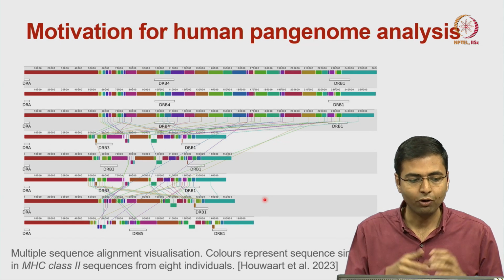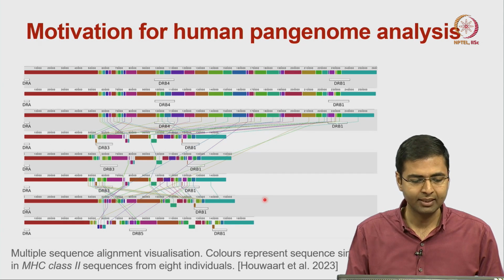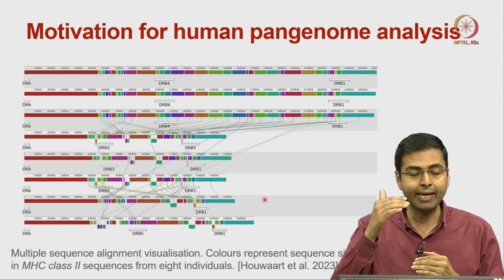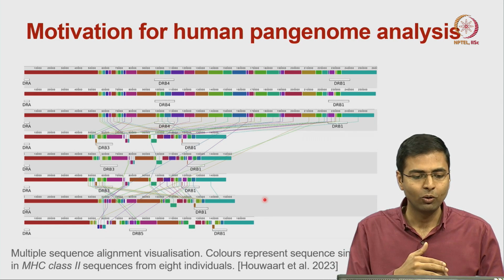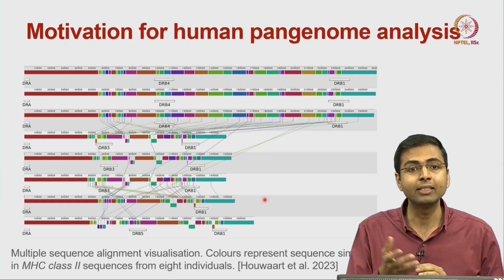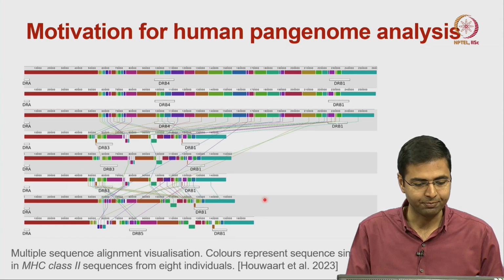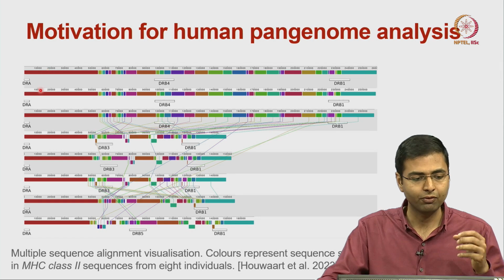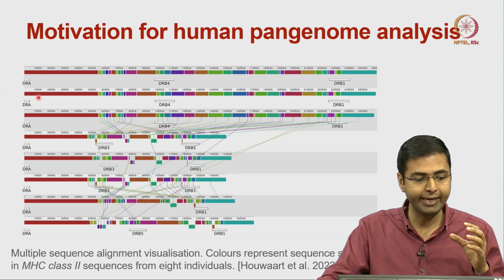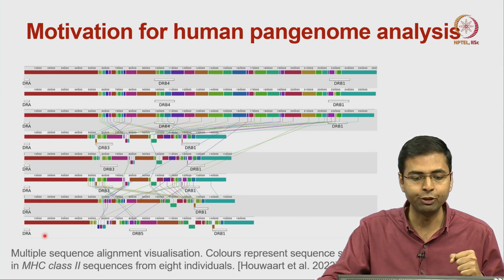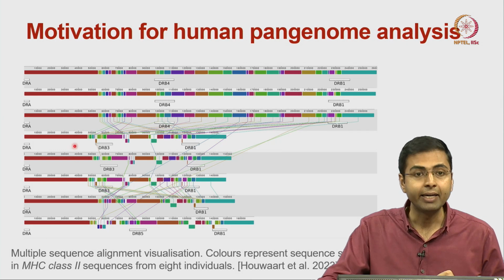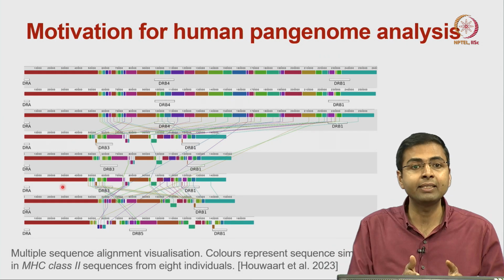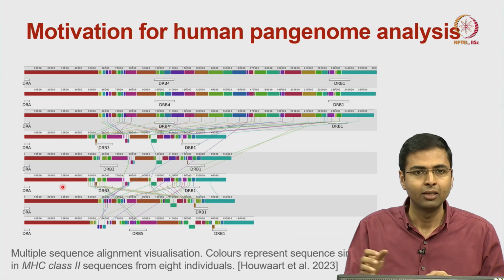Specifically for the MHC sequences, here is a visualization of how these sequences align to each other when we consider 8 sequences from 8 individuals. In different colors, you see the homologous or similar segments across the sequences.